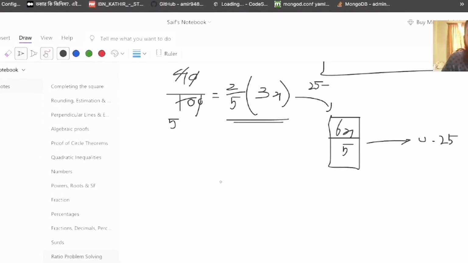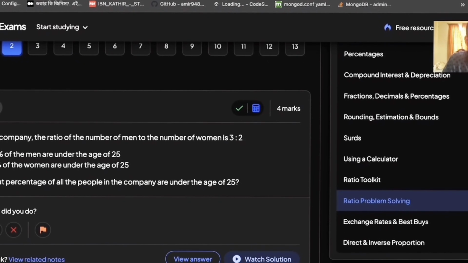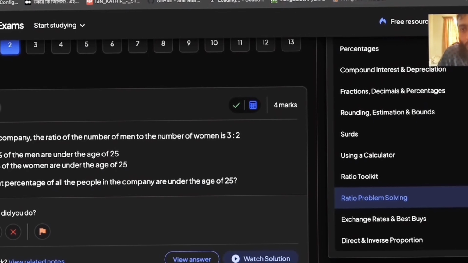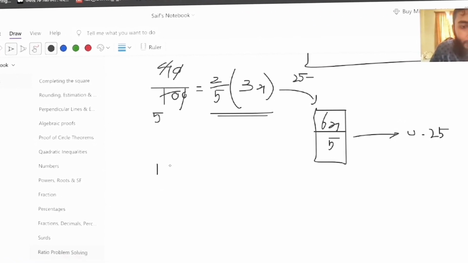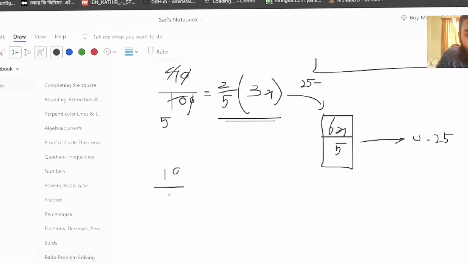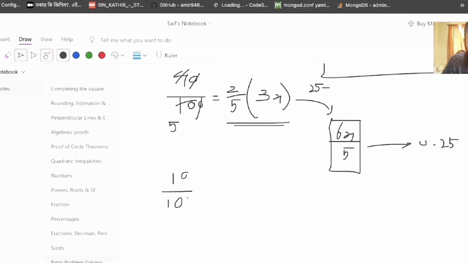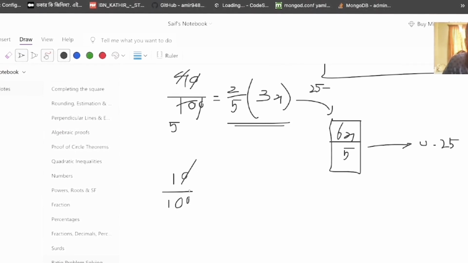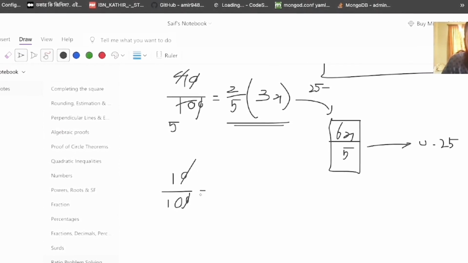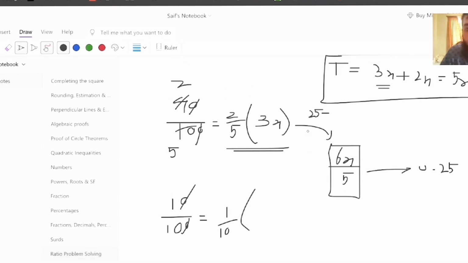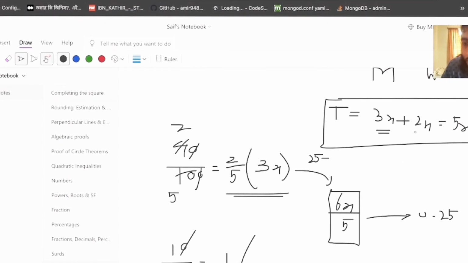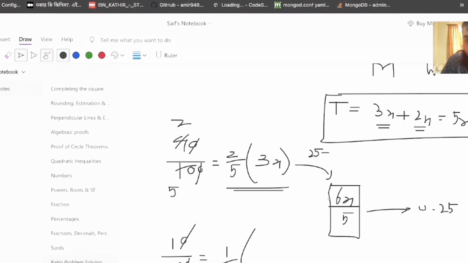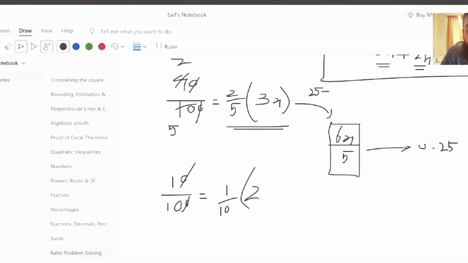So what is the number of women who are under 25? 10% of the women are under the age of 25. So 10% means 10 by 100 or 1/10. Okay. So 1/10 of the women. What is the number of women that we assumed? 2x, right?